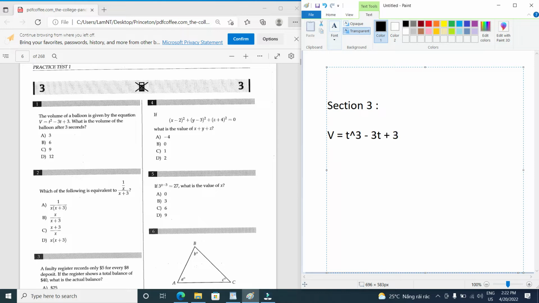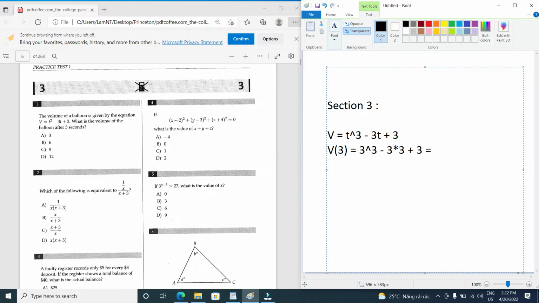So when we plug 3 in, because we are asked about the volume of the balloon after 3 seconds, we're gonna calculate V of 3, which is 3 cubed minus 3 times 3 plus 3. 27 minus 9 is 18, plus 3 is 21.